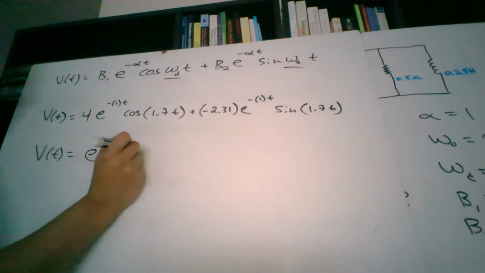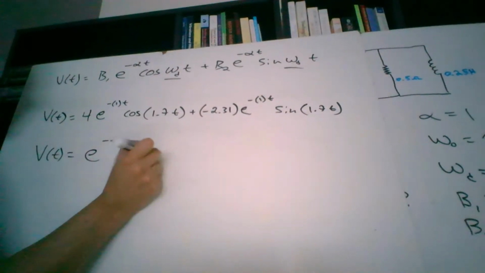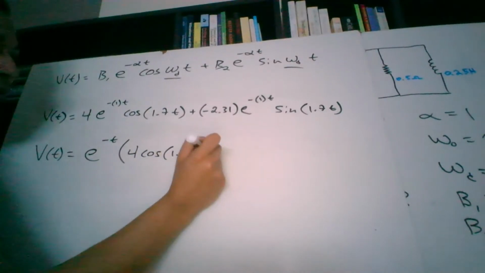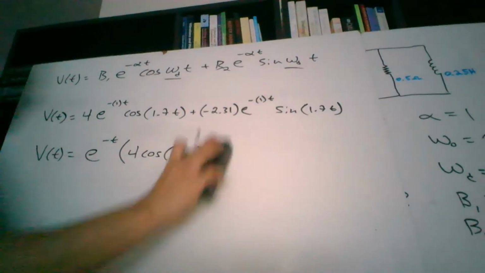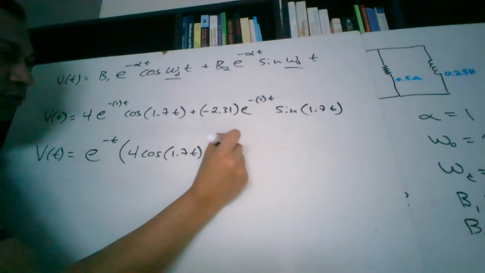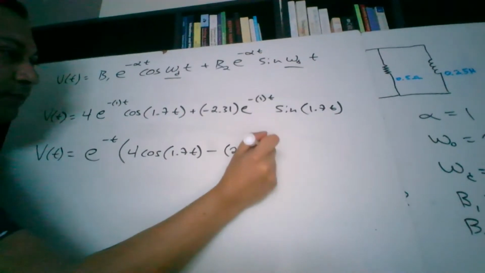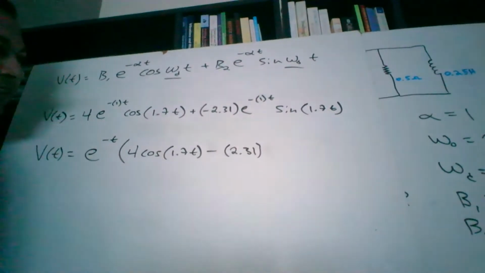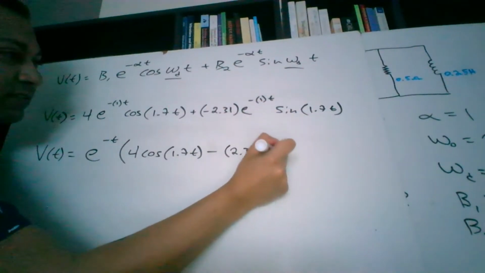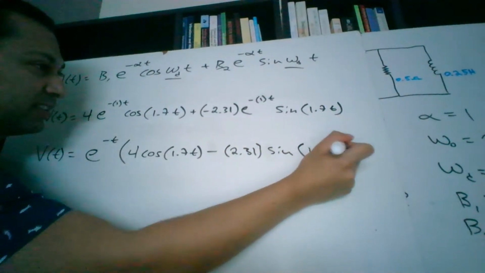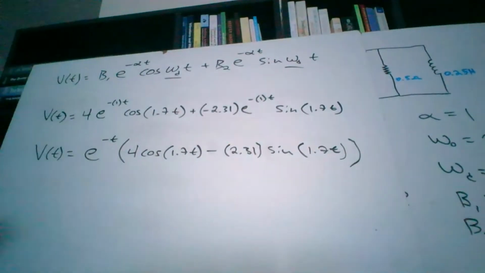And you're left with 4 cosine of 1.7 t minus 2.31 sine of 1.7 t, since e is already factored out. And there is v as a function of time.